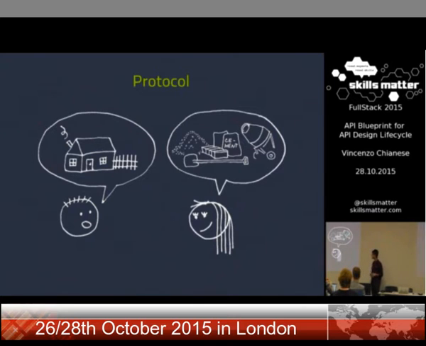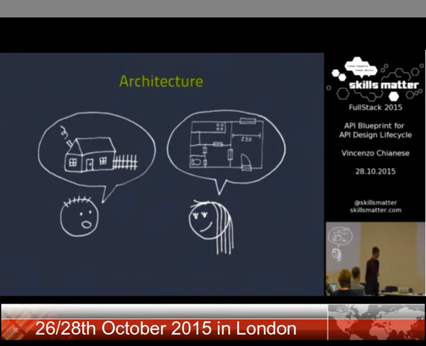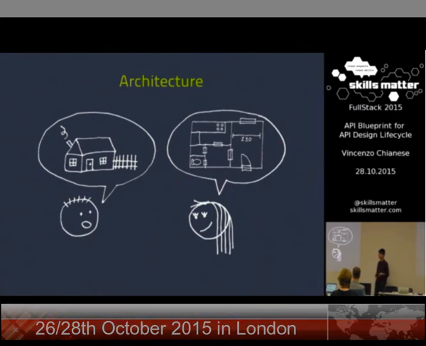And she will start to say, we will use this kind of cement, we will use this kind of bricks and this new construction technique, which is great. But if you don't know in advance where you want to put the bathroom, where you want to put the kitchen and the bedroom, no matter what kind of technique or material you are going to use, the result is going to be terrible.